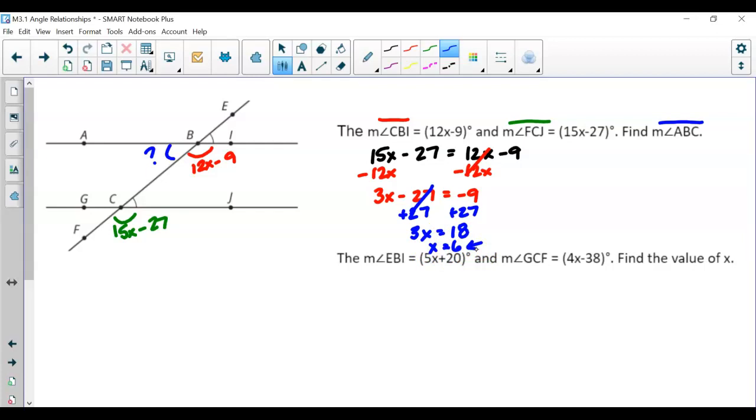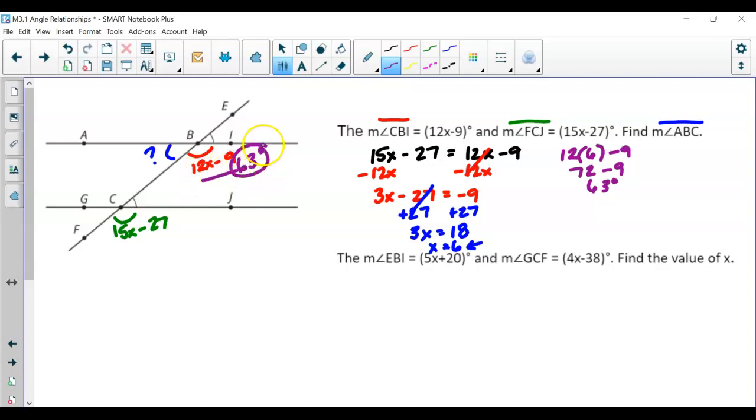Now, I'll plug back into the 12x minus 9 here. You could have plugged into either one, because they're equal to each other. So I just noticed, though, that these are a linear pair. So I'll plug into 12x minus 9. So 12 times 6 is 72, minus 9 gives you an angle measure of 63 degrees. So here you've got 63 degrees.